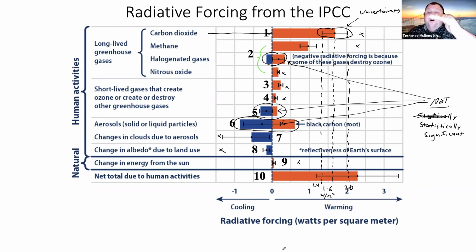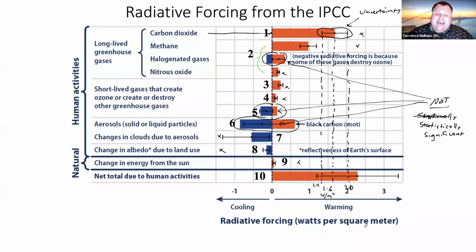Now, once we add all of this up, specifically line items 1 through 8, what we get down here is the net total due to human activity. The net total due to human activity has a value of approximately 2.3 and an uncertainty anywhere between roughly 1.2 and 3.7 or 3.8.